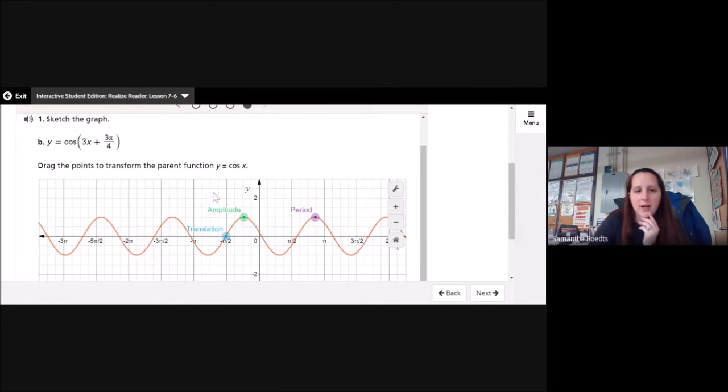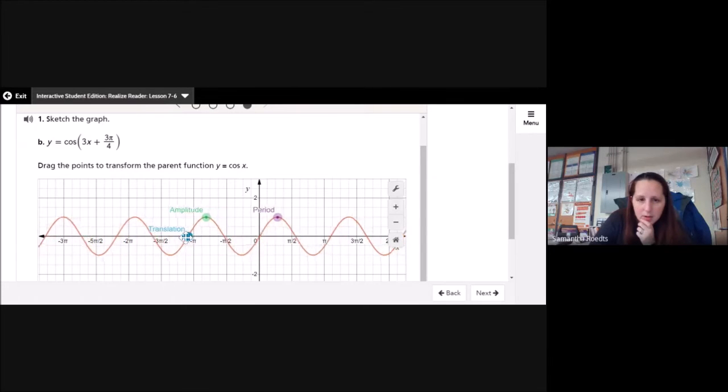So that's 2/3 pi. And then I want to shift it 3 pi over 4. I'm shifting it to the left. So 3 pi over 4, we'll shift it to 5 pi over 4. So there's pi, should be about right here.